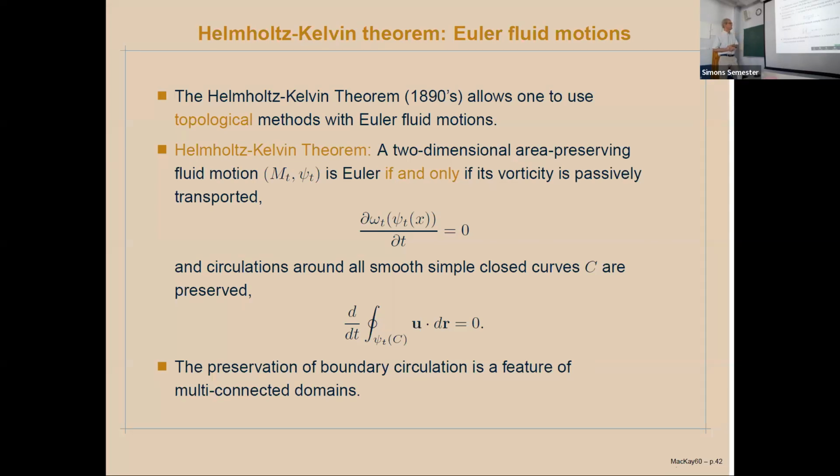This is a little fun to think about. You have the vorticity at this point. It's some amount of twisting like this, so rotation. And then at a later point, you want to understand how much rotation there is. Well, if this point flows to this point, then the amount of rotation is the same. And then there's another condition: you have to preserve circulations around the boundary.